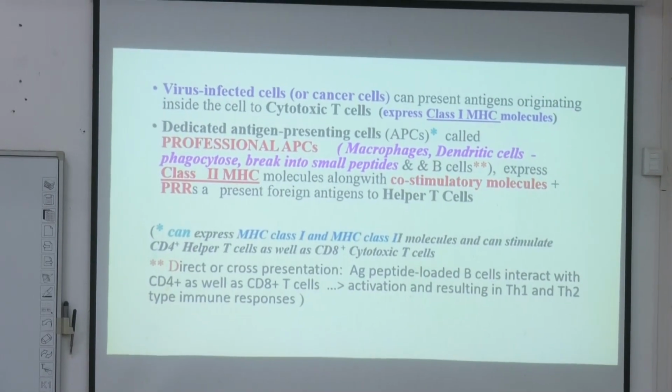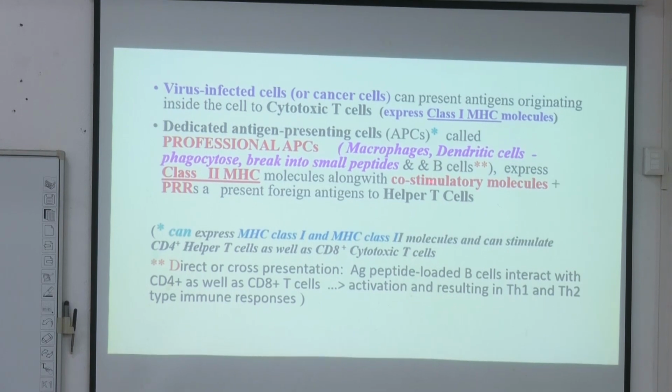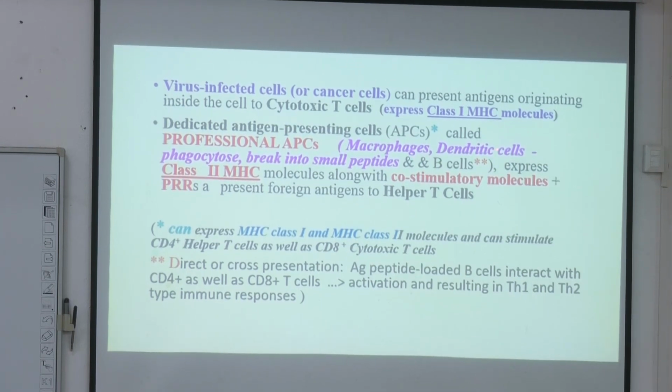In contrast, professional antigen presenting cells are macrophages and dendritic cells, and they break that antigen, that is usually protein in nature, into small peptides, and then present it onto the surface. B cells also express class 2 molecules. Remember, these are the two differences. Viral infected cell or cancer cell express class 1 molecule, but professional antigen presenting cells, which constitute macrophages and dendritic cells, present with MHC class 2 molecules.